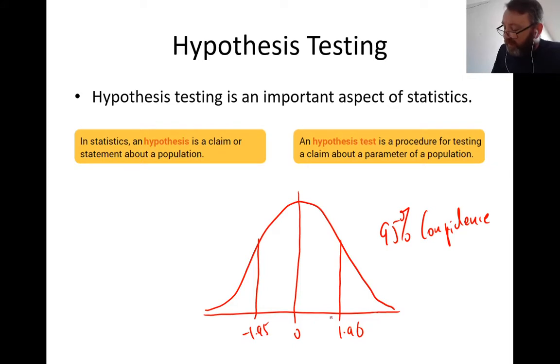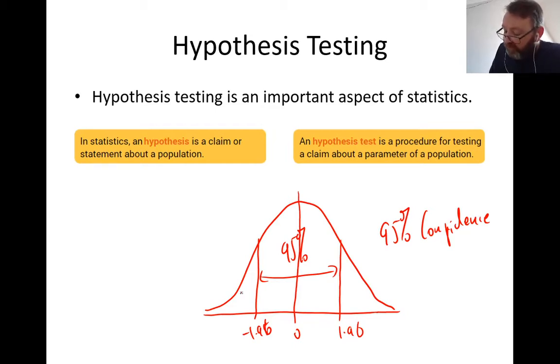So if you take the minus 1.96 and the 1.96 there, the magic numbers of the 95% confidence interval, well then we say that within that there is 95% of the population. Okay, now where's the other 5%?